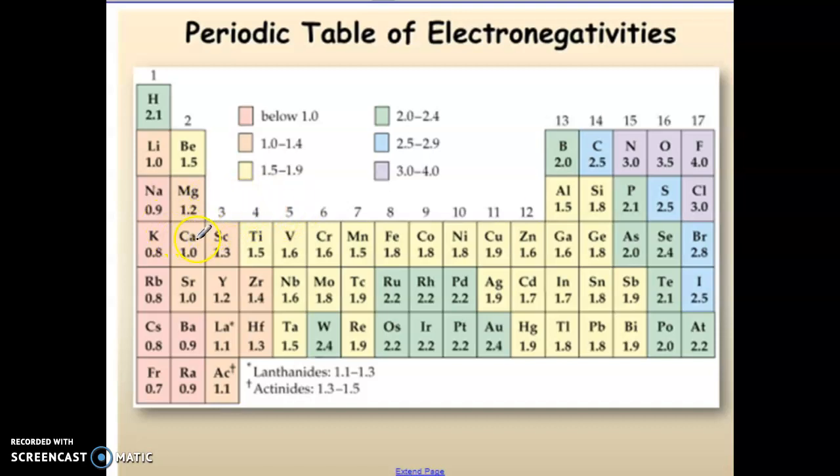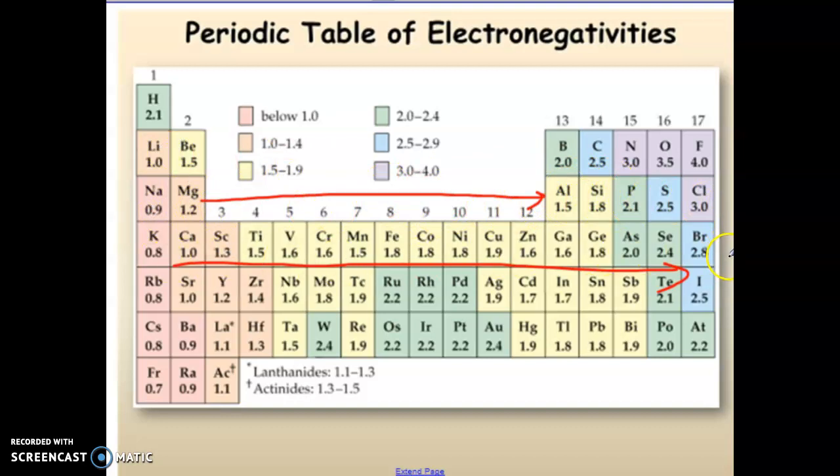So for example, if we go across this period here, period 4, we have 0.8, 1, 1.3, 1.5, 1.6, 1.6. So notice here, this dipped down a little bit, right? It's supposed to be increasing. But yes, you do have exceptions that will lower in electronegativity. But in general, if you were to look at any of the rows, it does tend to increase going from left to right.